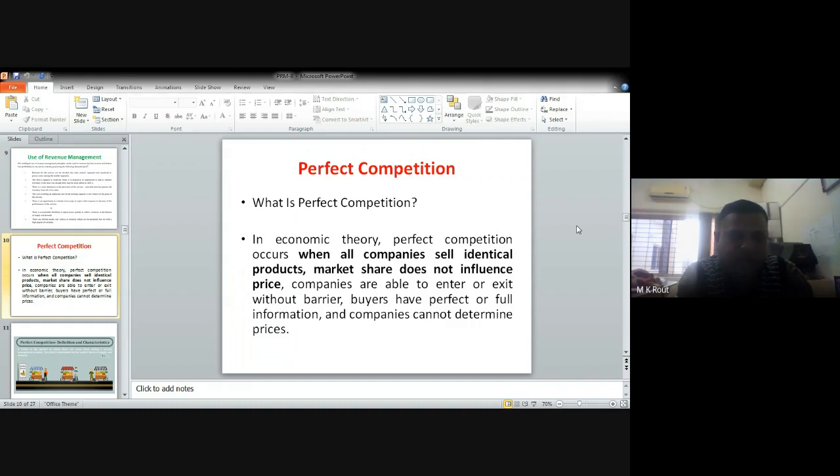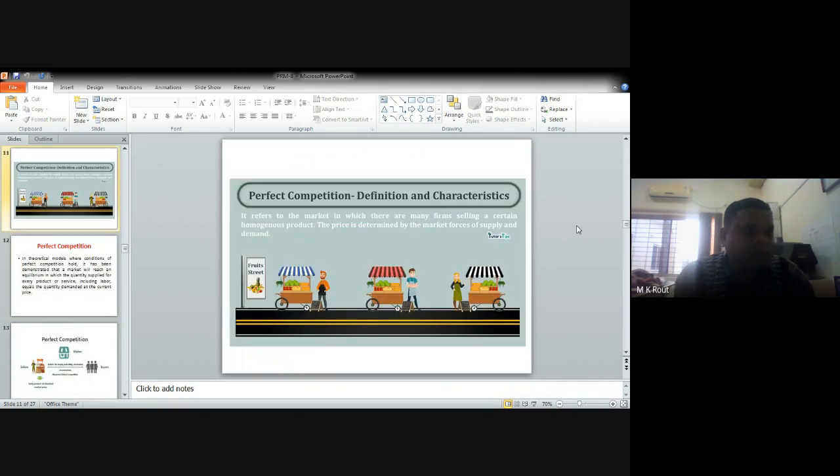For example, if you go to a market building area, you will see a number of fruit vendors selling identical fruits, starting from orange, banana, apples, grapes, all of these. If you go to this particular place, it refers to the market. There are many farms selling the same homogeneous product.